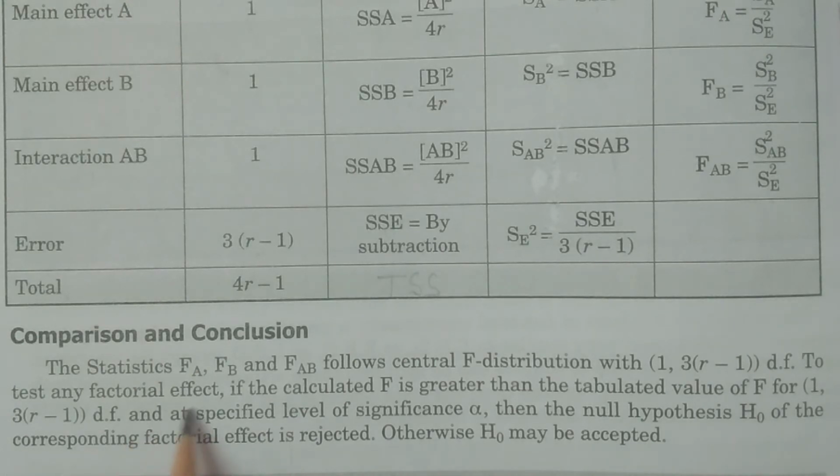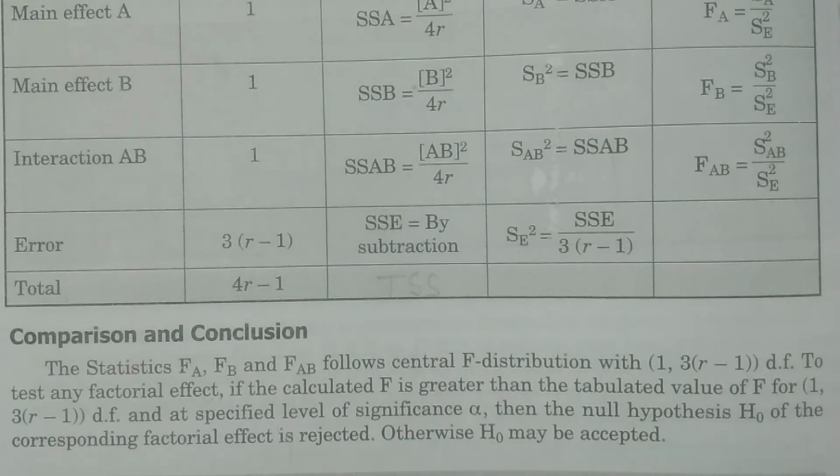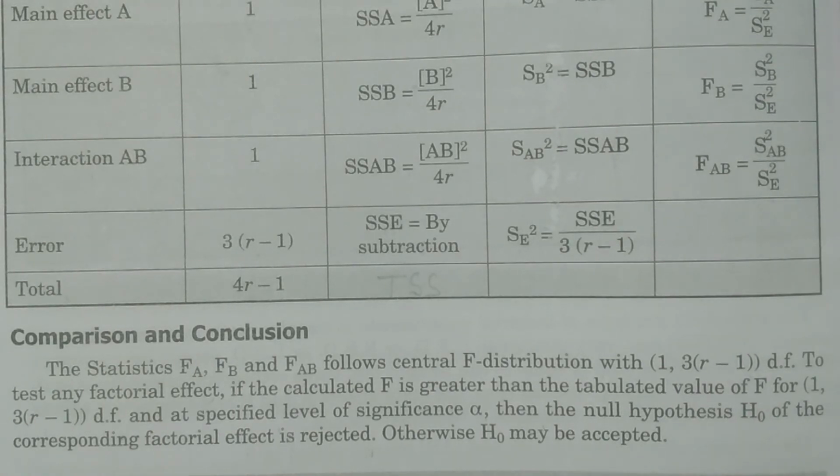To test any factorial effect, if the calculated F is greater than the tabulated value of F at 1, 3 into R minus 1 degrees of freedom and the specified level of significance alpha, then the null hypothesis H naught of the corresponding factorial effect is rejected. Otherwise, H naught is accepted. This is what we have to write in the comparison and conclusion.